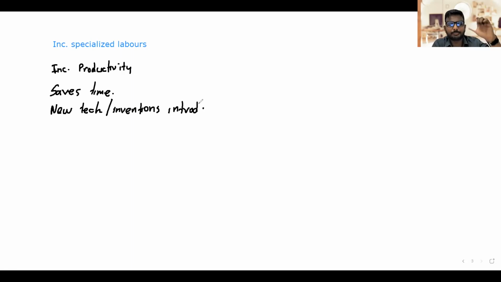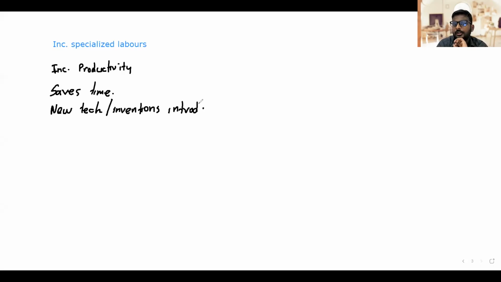Even though it is implied in other points, you can say that also. Again, reduction in wastage. How? Because of division of labor, this person has done this work repeatedly. He won't be wasting any raw materials or breaking machines or anything. They will do all the work smoothly.